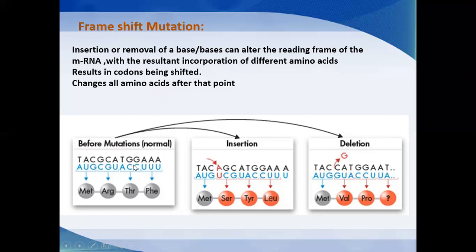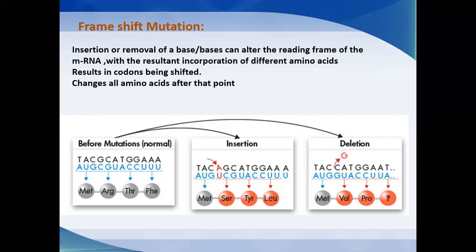This is RNA. After transcription, the RNA molecule contains the codons AUG, CGU, ACC, UUU, which recognize the respective amino acids: AUG methionine, CGU arginine, ACC threonine, and UUU phenylalanine.